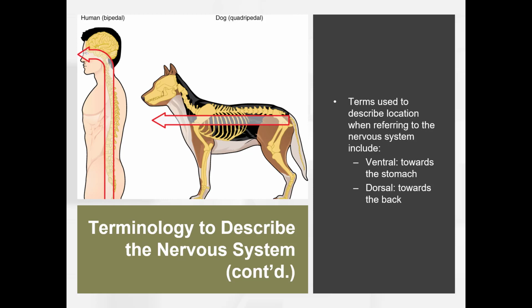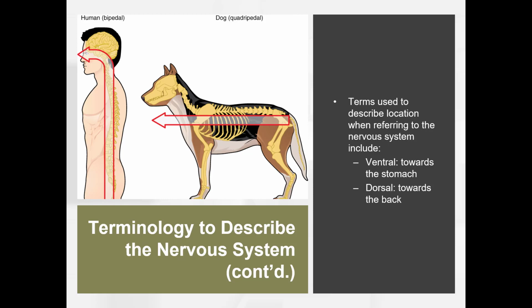And we kept that orientation for humans as well, but in this case, now we split it 90 degrees. So it's no longer towards the stomach or towards the back. Dorsal is now the top of the head, and ventral is towards the bottom of the head. And because of the orientation of the human skull, dorsal and ventral no longer refer to back and stomach when we're talking about the brain.